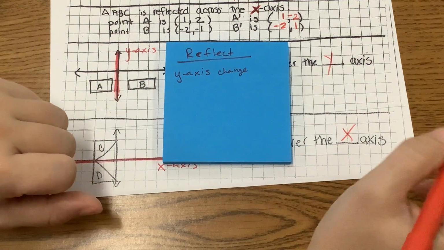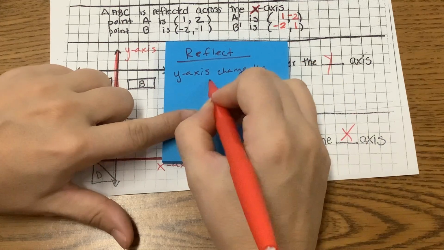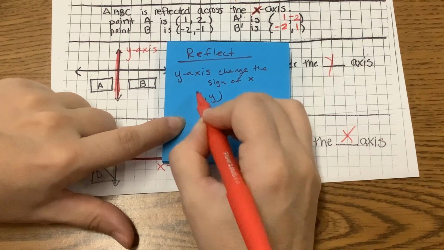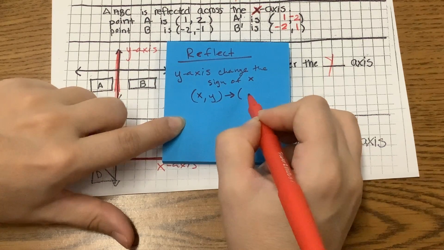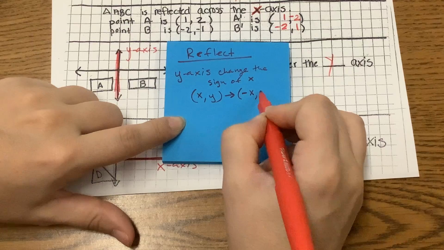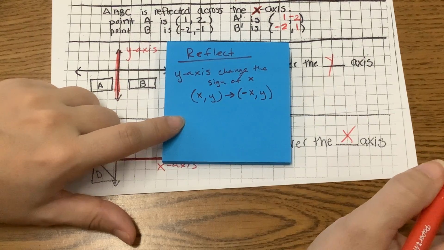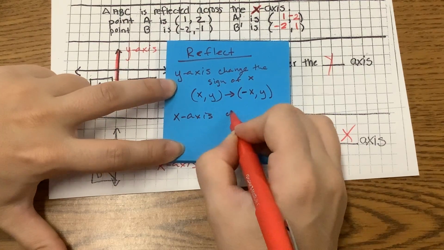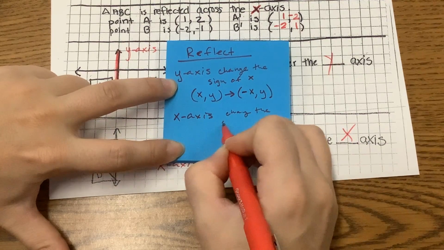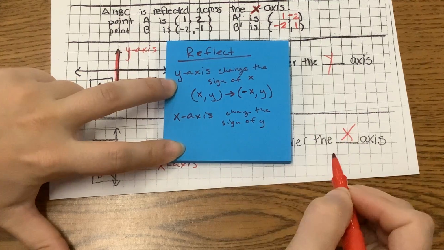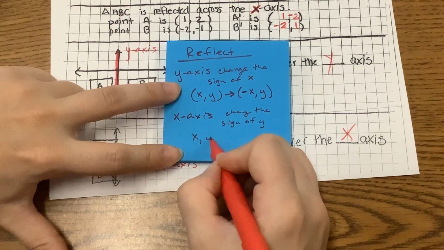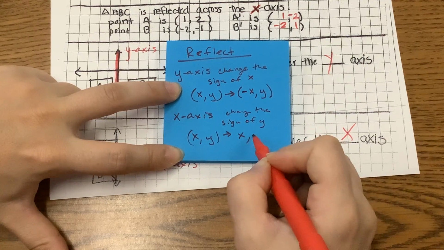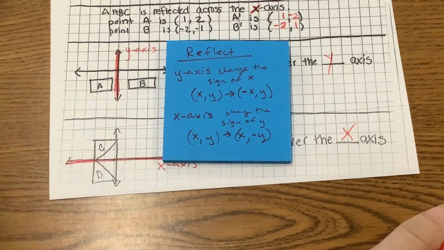X or y? Change the sign of x. So if the rule looks like this, then opposite x, but y stays the same. That's what that means. But if I go across the x-axis, which sign do I change? Change the sign of y, so the ordered pair (x, y) should become (x, -y), or opposite y is how you would read that.